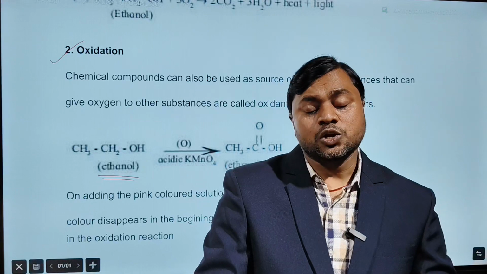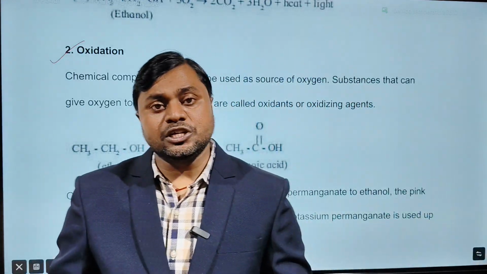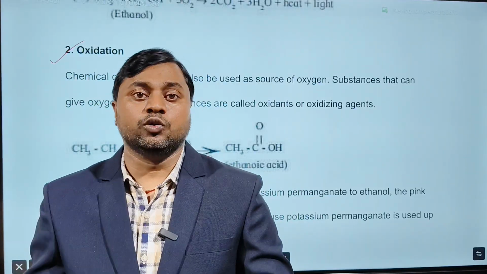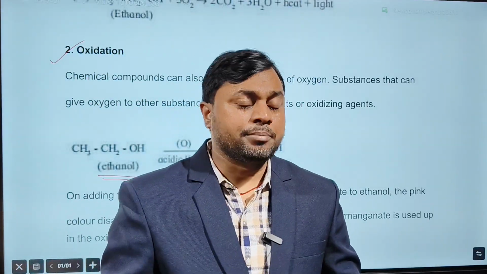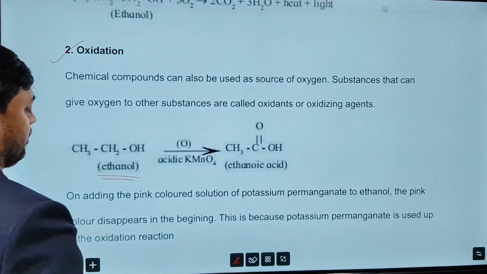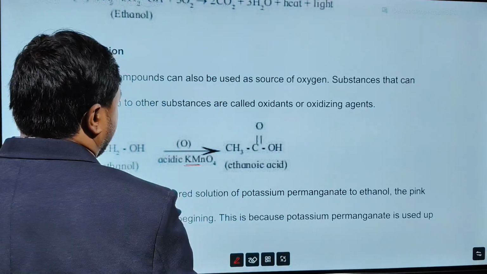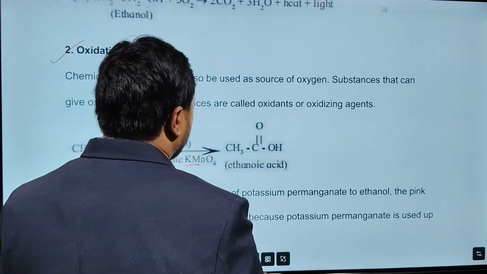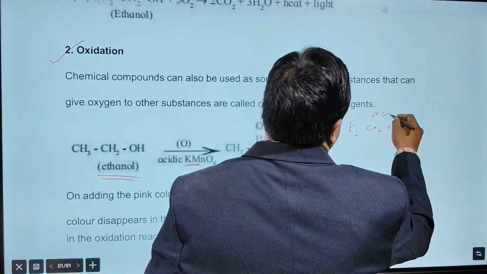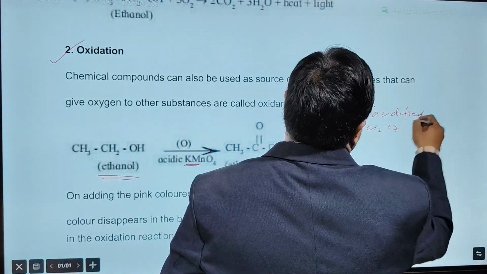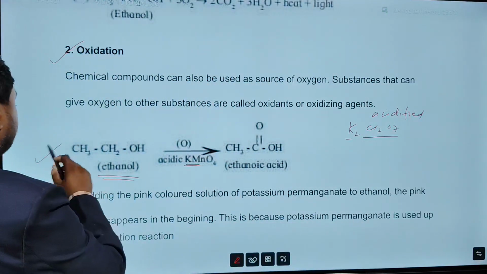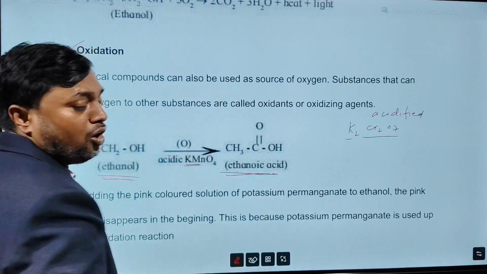In organic chemistry there are a few very good oxidizing agents like alkaline KMnO4, potassium permanganate, and acidified K2Cr2O7, potassium dichromate. So ethanol is changed into ethanoic acid in this reaction.